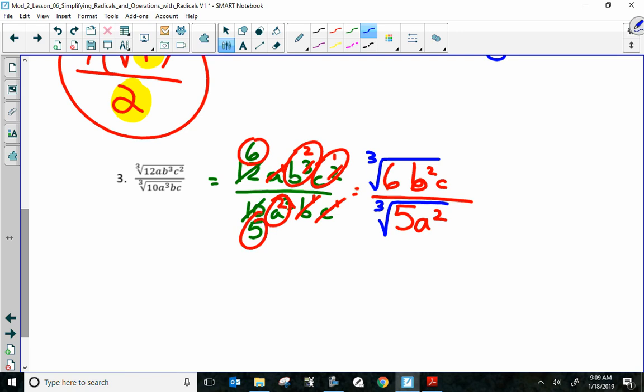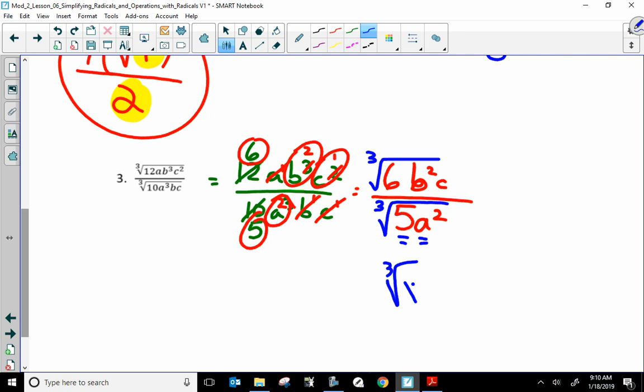Not only do I need to make my 5 into a perfect cube, but I need to make my a into a perfect cube, which means I want to make my exponent for my a something like 3, so when I divide it into it, there's no remainder. I can make it 6, I can make it whatever.